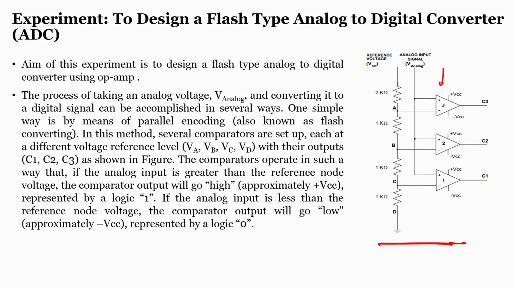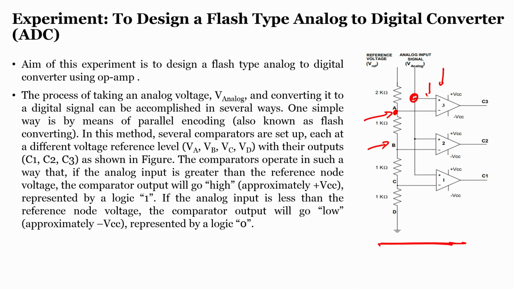In this method several comparators are set up, like you can see here different voltage reference levels VA, VB, VC, VD, which you can see here, we can have different voltages here, and the comparators operate in such a way that if the analog input, which is here, is greater than the reference voltage, which is here, then the comparator output will go high.